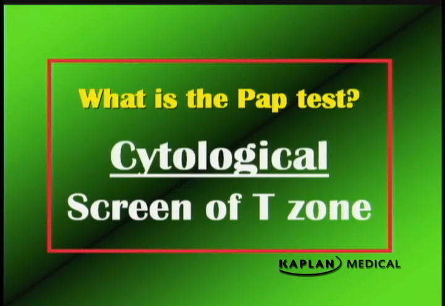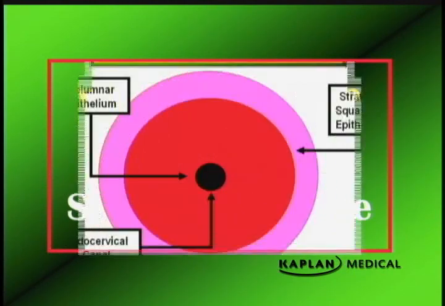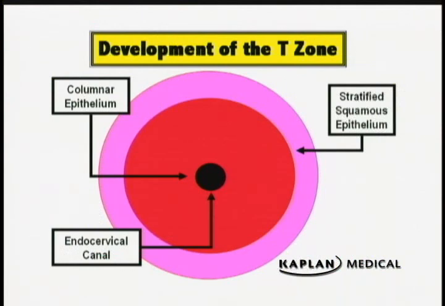All right, let's look at the cytological screening of the transformation zone. This is the cervix as you would see it through the vagina, through a speculum, on a girl who is just entering adolescence. The pink area is the stratified squamous epithelium.